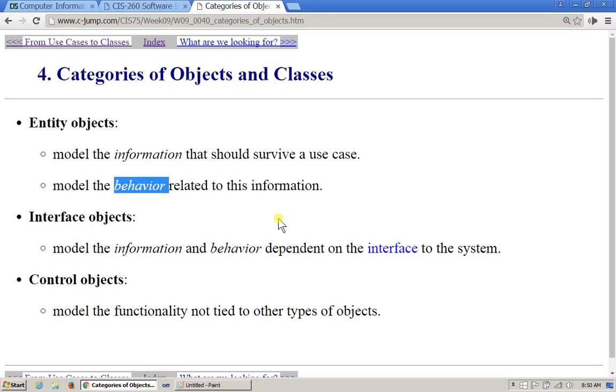So entity objects don't just persist and represent a collection of data attributes. They also have behavior attached to them, a combination of data attributes and methods, and of course constructors, which are also a type of method.